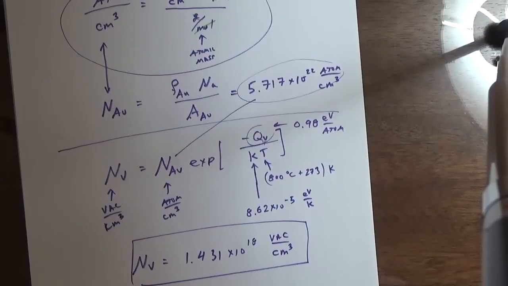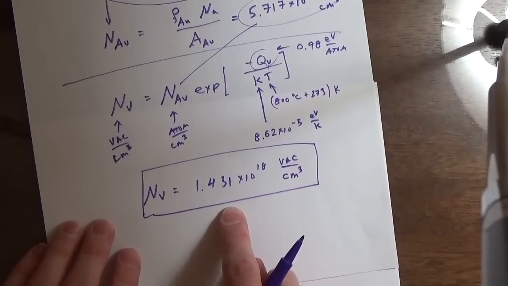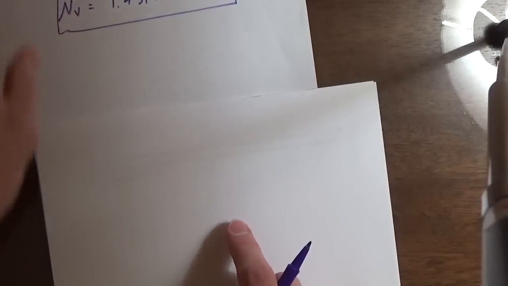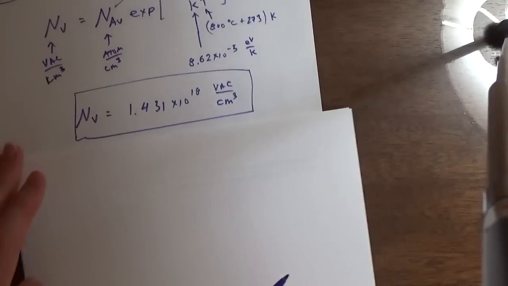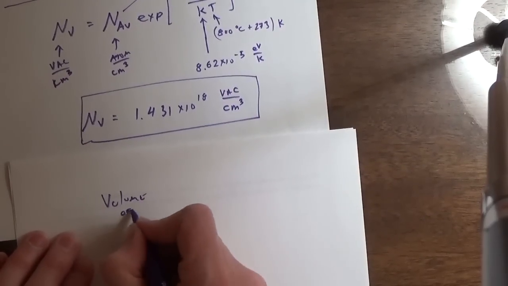Okay, so far so good. And the next step is we've got vacancies per cubic centimeter. We'd like to know how many vacancies per cell. So let me find the volume of the unit cell.